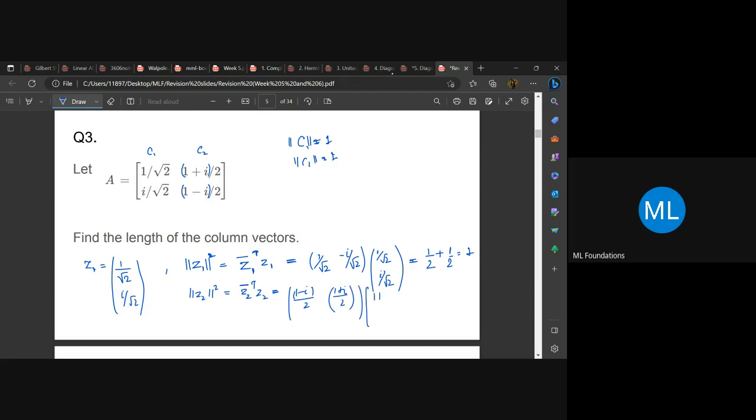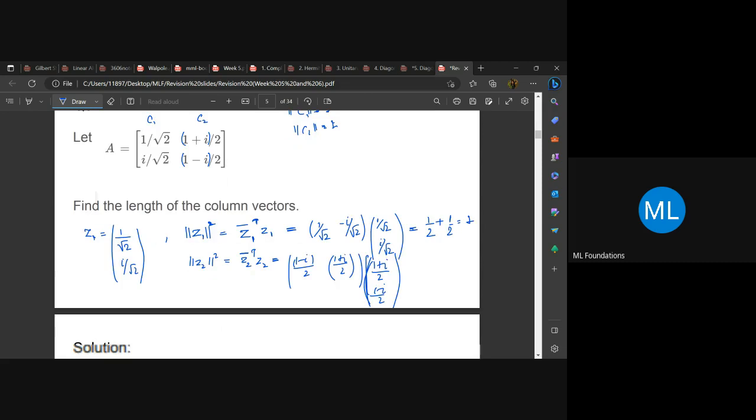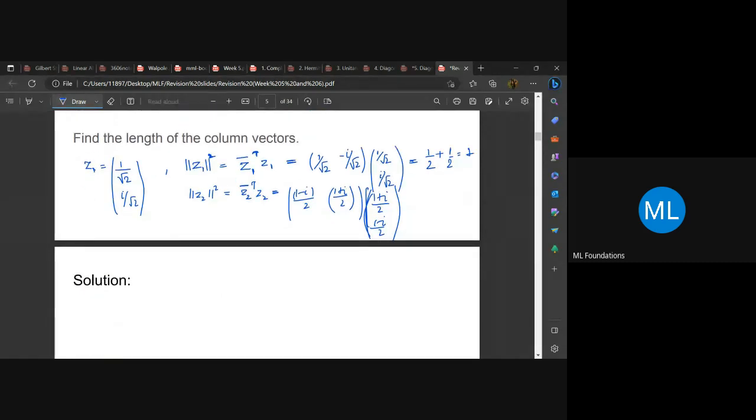And then you have 1 plus i by 2, 1 minus i by 2. All right. So what will you get? You will get 1 minus i by 2, 1 plus i by 2, plus 1 plus i by 2, 1 minus i by 2. Okay.